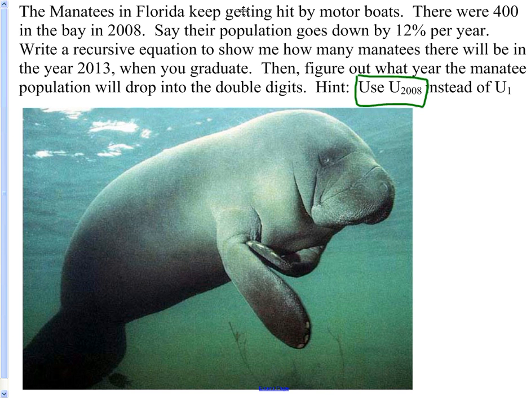Sometimes they just swim around with a big scar on their back, and then the next one kills them. A lot of them have been killed by motorboats. If it wasn't for that, they really don't have many predators, so they wouldn't be dying off like this. I shouldn't say nothing eats them. Probably something out in the big scary ocean, like sharks, would eat manatees, but they wouldn't have many predators back in those safe shallow bays. But the boats get them.